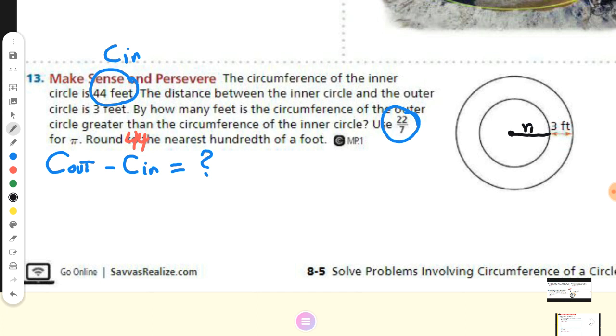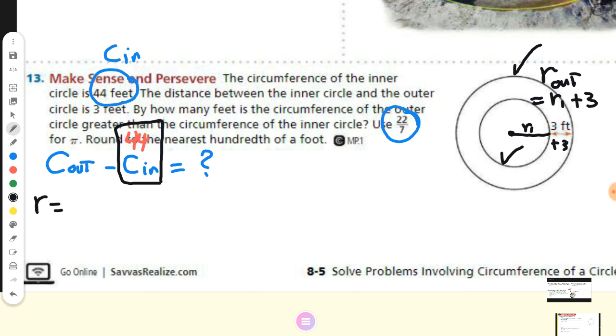And to get the radius of the outer, we have to add 3 feet. So R out equals R1 plus 3. So if I get the radius of the inner circle, I can find the radius of the outer circle. So let's start by getting the radius of the inner circle from the given circumference.